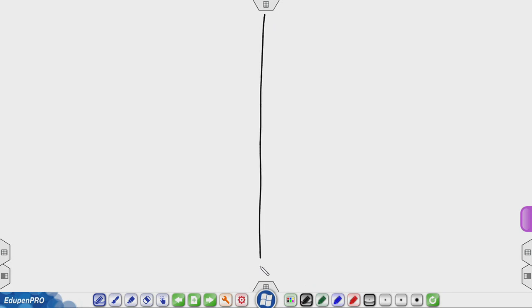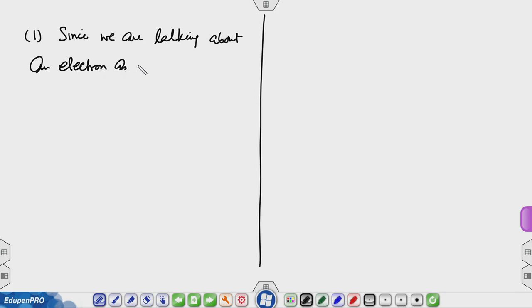So, now we go back to what we said about the velocity and all that. Number 1, since we are talking about an electron as a wave packet, its velocity will be group velocity.